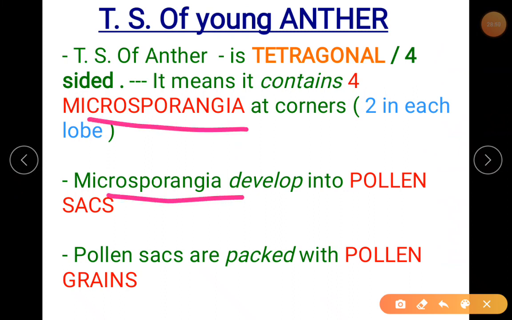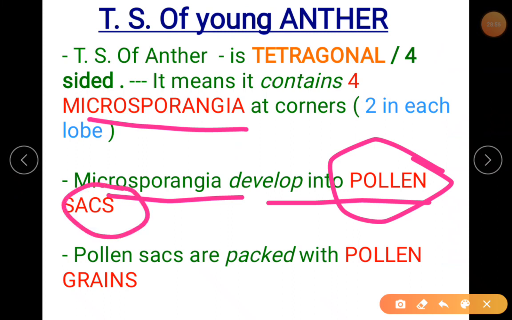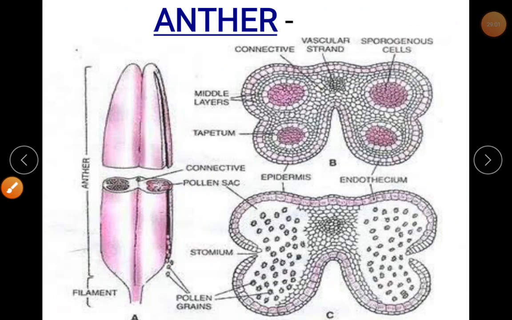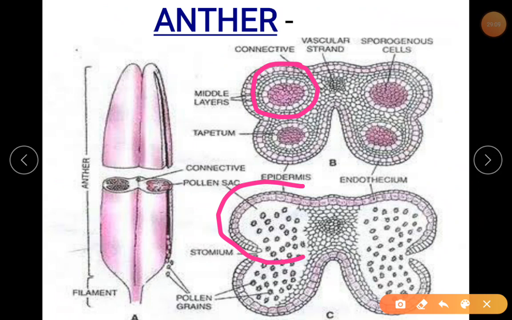These microsporangia will develop into pollen sacs. We are talking about development, when it matures. I'll show you the figure again. When it is young, it is a microsporangium. When it is mature, you can observe here, it is called a pollen sac. Why pollen sac?